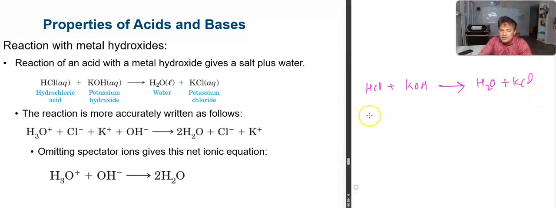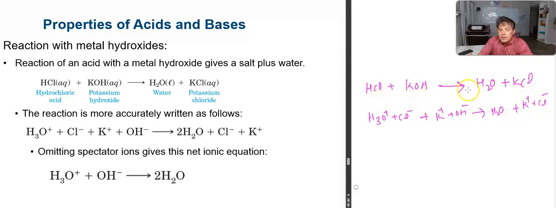HCl can be written as H3O+ plus Cl minus, plus this can be written as K+ plus OH minus. So the net ionic equation we have to write. This is the molecular equation, and this can be written as H2O, because it's a liquid we cannot separate that, plus K+ Cl minus. Now first of all, let's balance that.